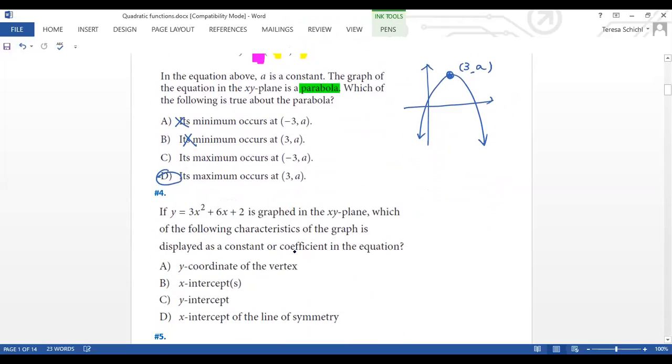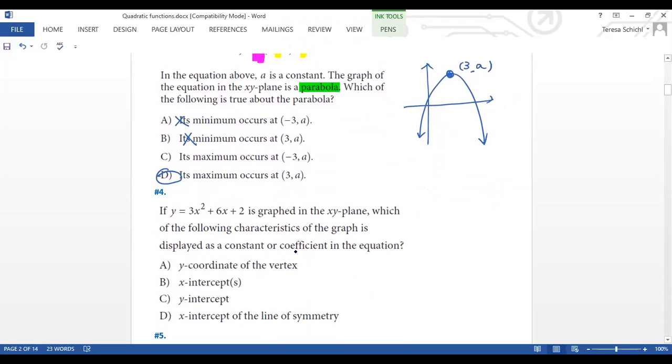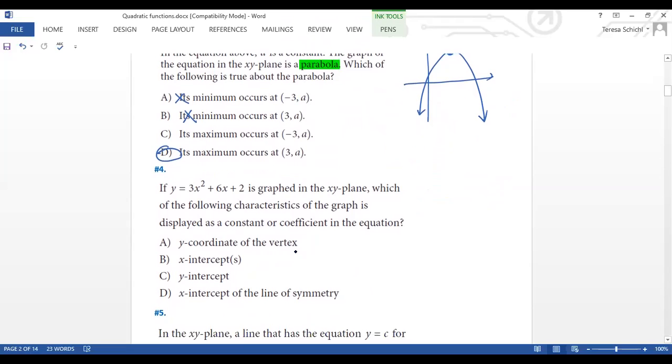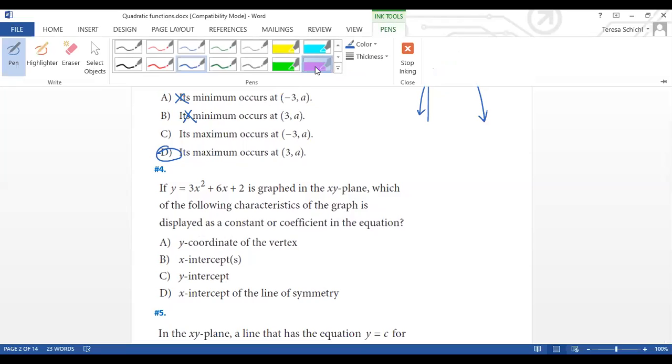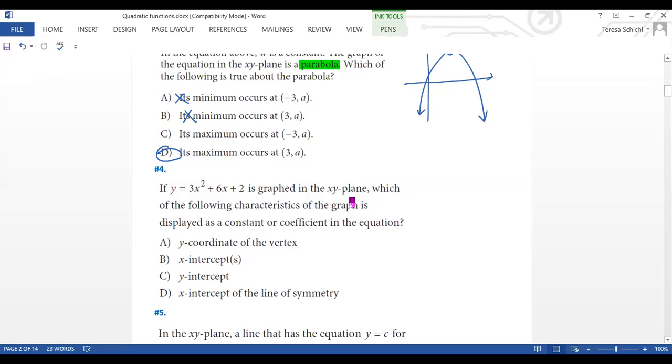Now let's take a look at number 4. They say, if y equals 3x squared plus 6x plus 2 is a graph in the xy plane, which of the following characteristics of the graph is displayed as a constant or coefficient in the equation? It's a little bit difficult to read, but it's telling you what displays as a constant.